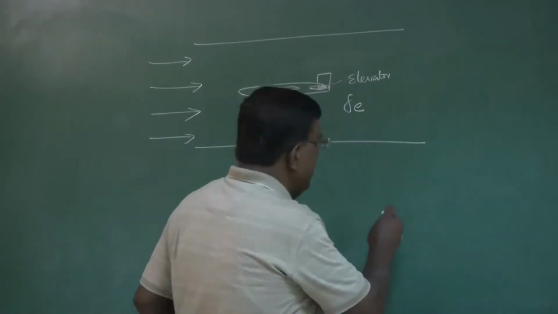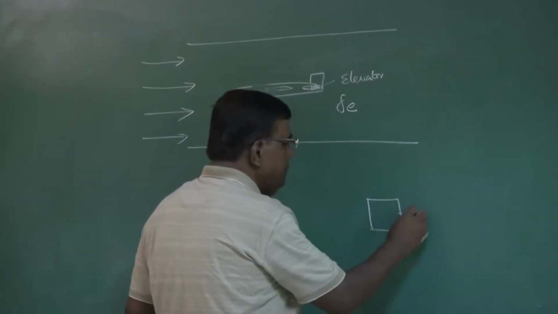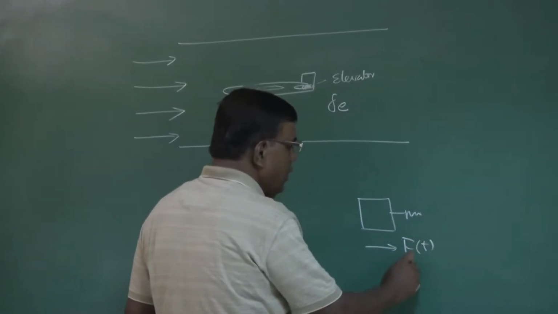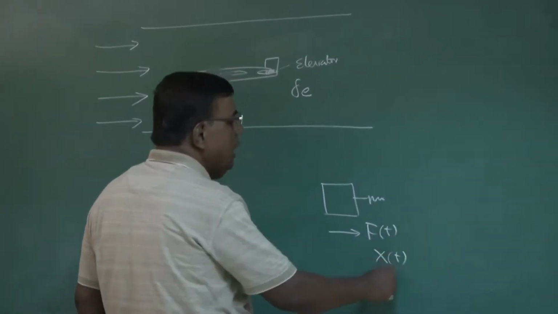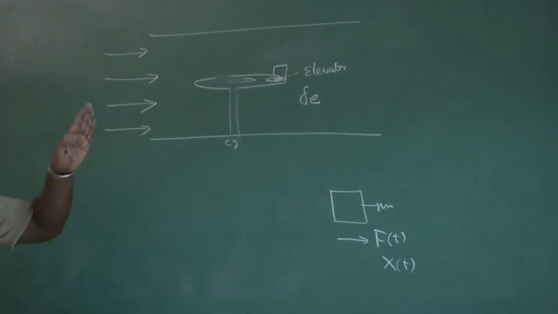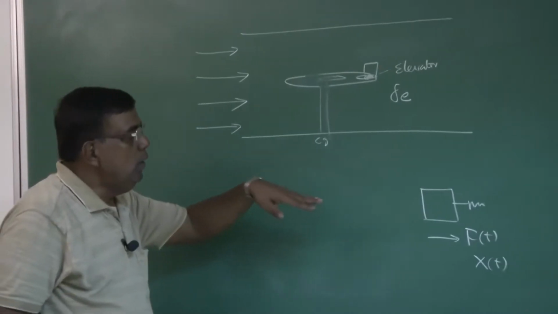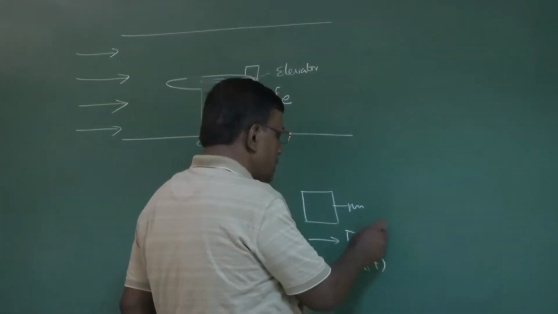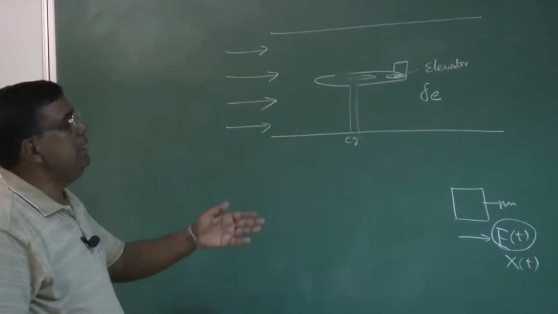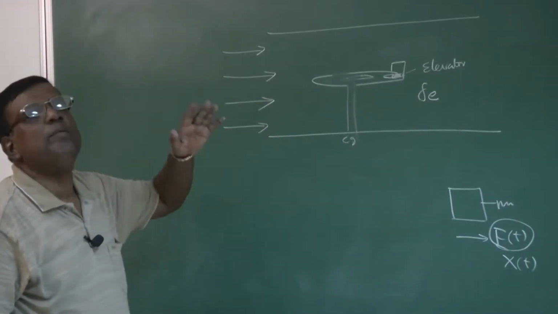Remember, for a mass spring damper system, we are talking about F(t), and we are talking about linear motion along the x direction. But here the difference is it is an angular motion, right? So whatever this forcing function was doing as a force, here that force is replaced by the moment.